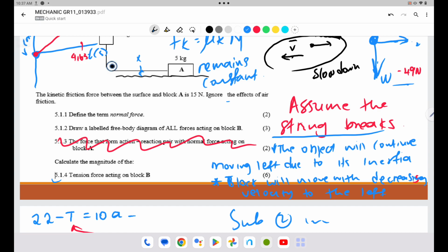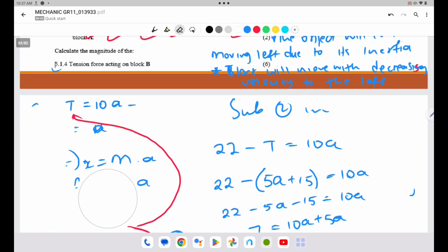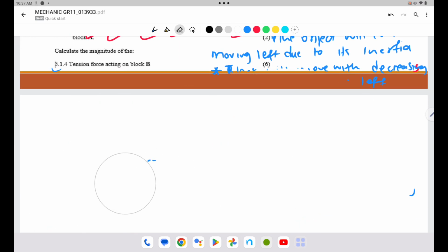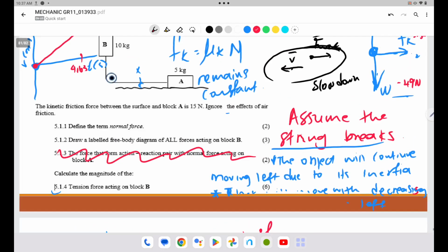The velocity will decrease until block A comes to rest, and we can draw the velocity time graph for block A from the instant the string breaks. The velocity time graph might look something like this. Velocity in meters per second as a function of time in seconds. Finally, the block comes to rest.